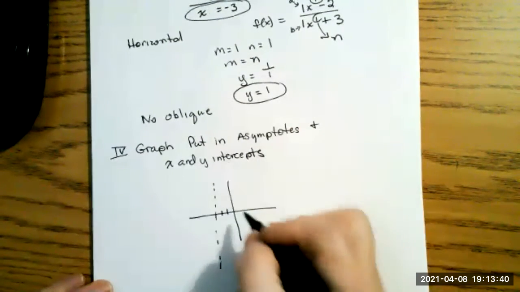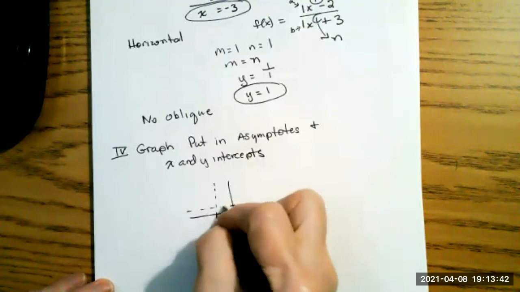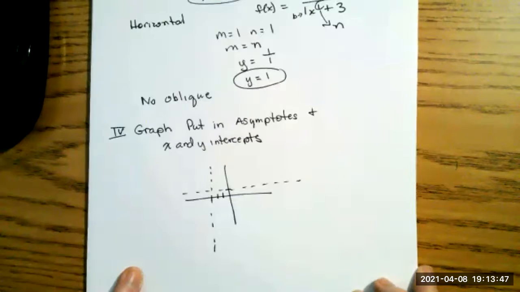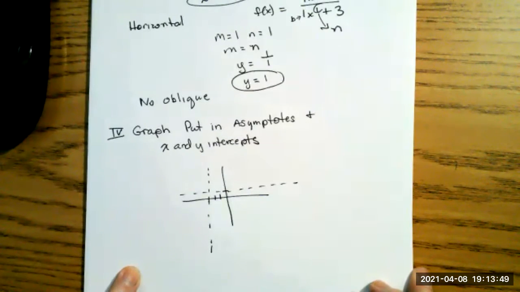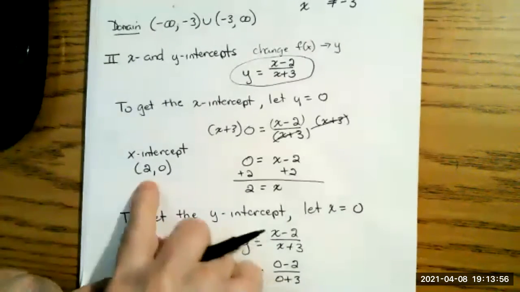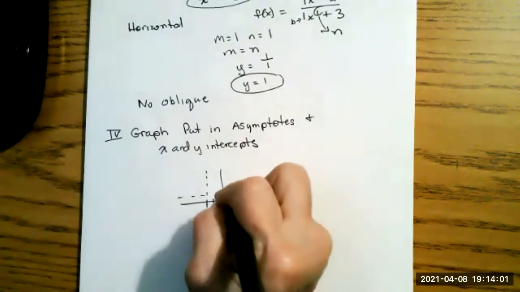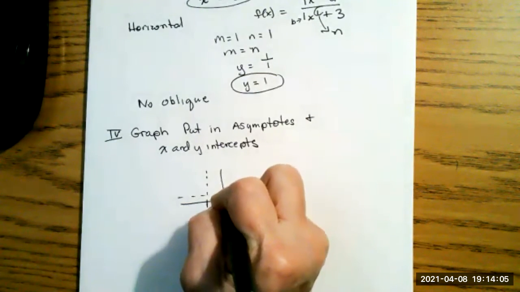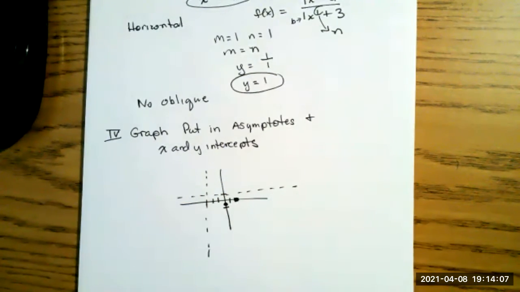I have a horizontal one at y equals 1, so I'm going to draw a horizontal one across this way. And then my other sheet had my x and y intercepts, (2, 0) and (0, -2/3). So that kind of gives me a space to work in for my picture.